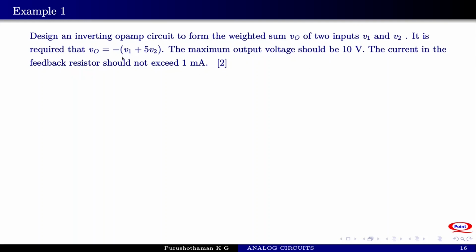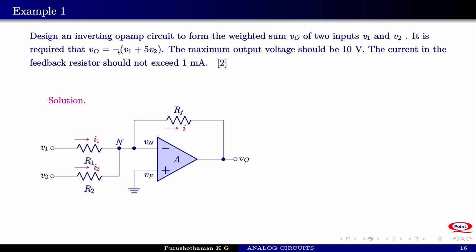So looking at the question, it is clearly a problem of a weighted summer. The input V1 is weighted by 1, V2 is weighted by 5, gain is negative. So this is an inverting summing amplifier. The circuit diagram will be like this. You have two voltage sources and two resistors.